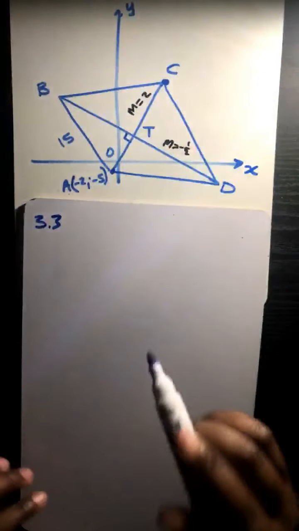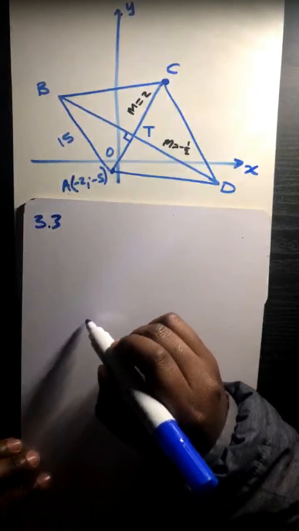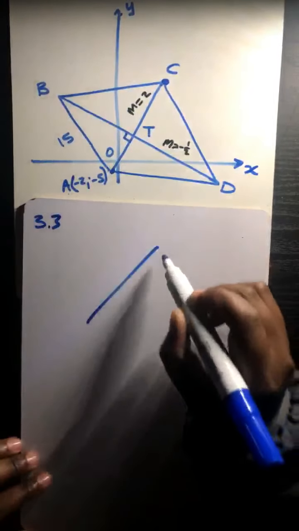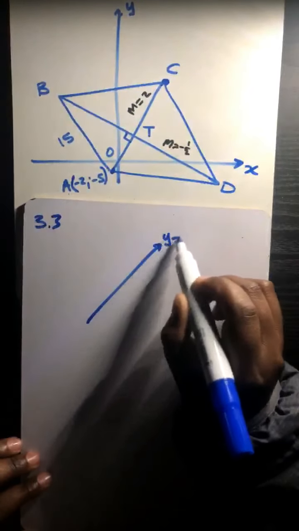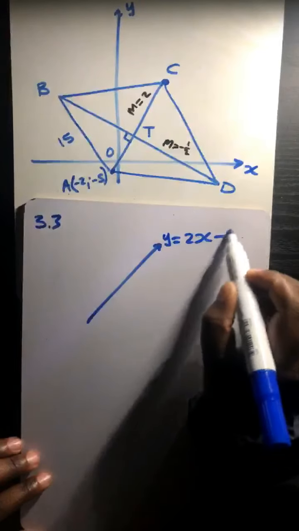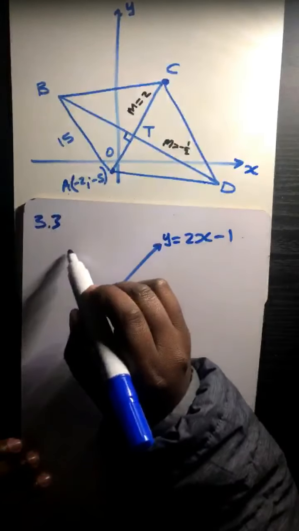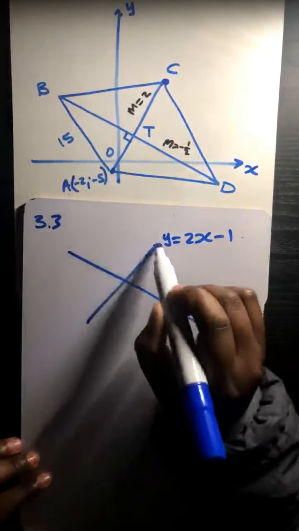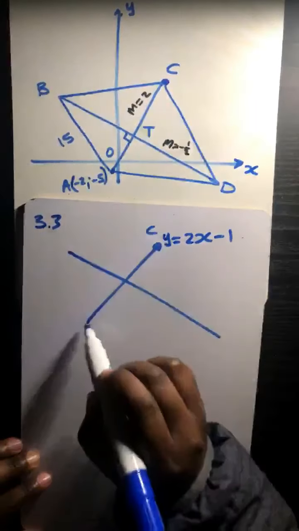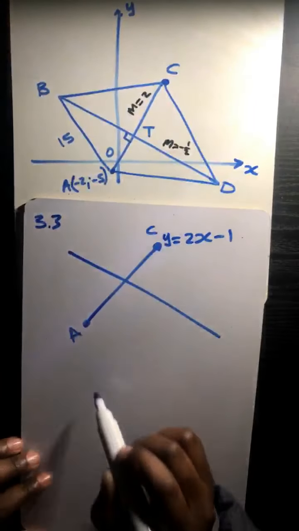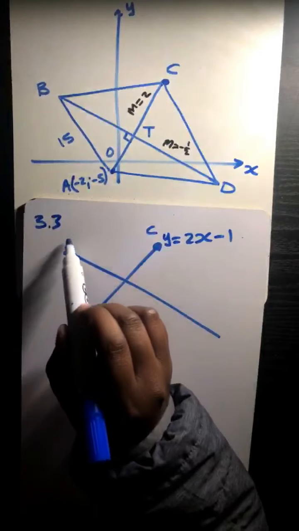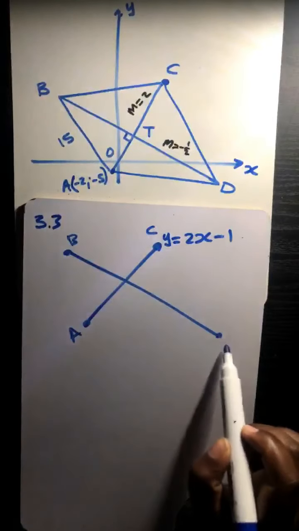So just be aware of this question, ladies and gentlemen. We've got that line AC being y is equal to 2x minus 1. Remember, we also have this line. This is C. This is A. This is B, remember?